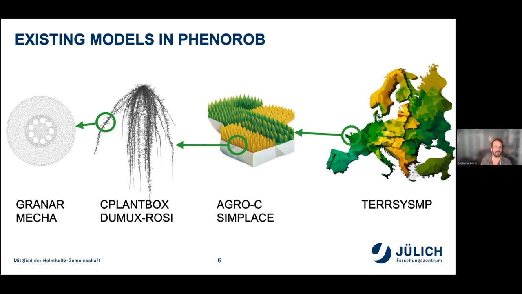Again, I will go a bit more into the details afterwards. Then we can zoom in and have models at the plant scale, plants being root systems but also full plants, such as CPlantBox and Dumux-Rosi. And you can even zoom in a bit deeper with models at the organ scale to have more precise information on a very local basis.